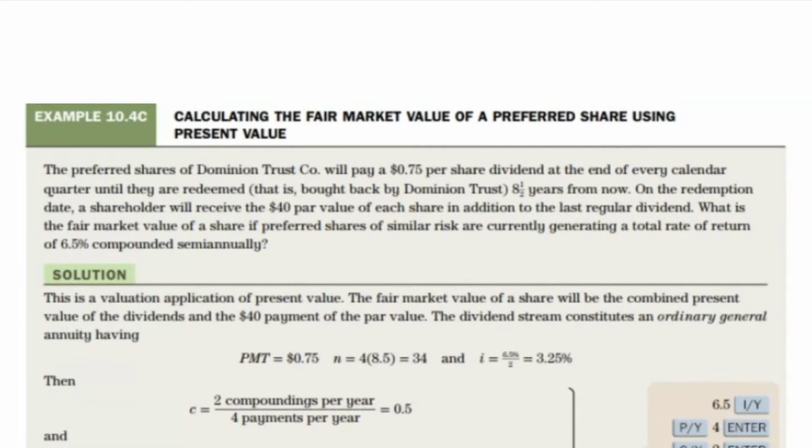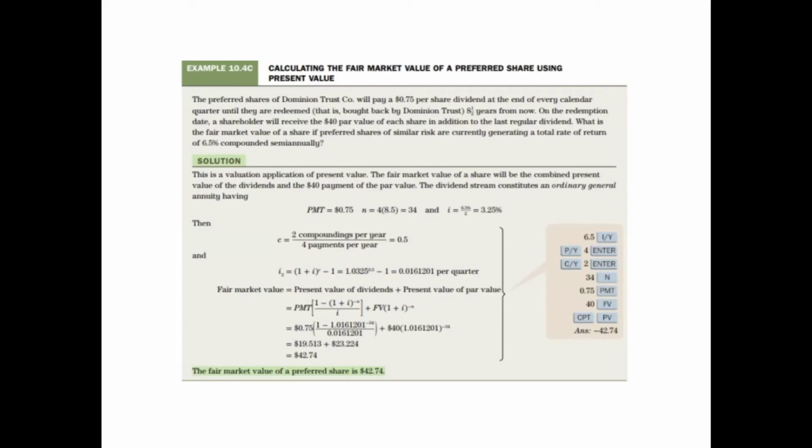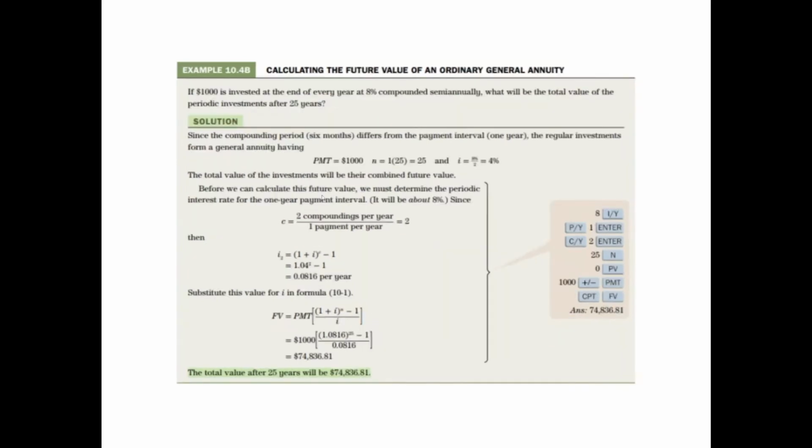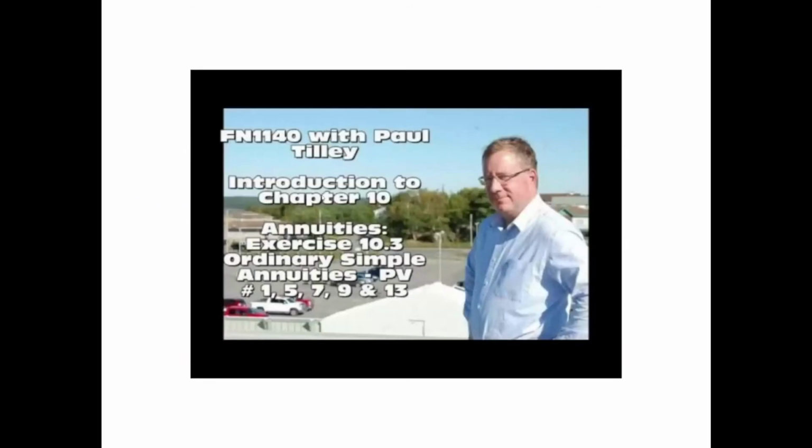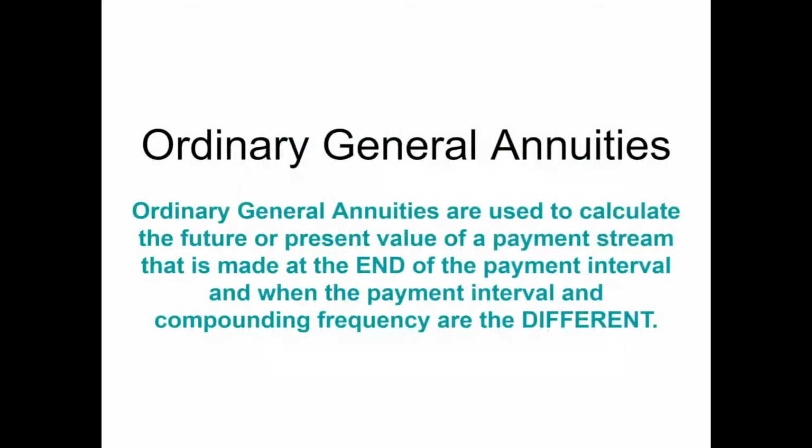We've got 2 different schedules going on here, one for the payment, one for the interest. And that's the trick. That is what you need to really look for in these problems in order to differentiate one problem from another. The payment interval and the compounding frequency are different. That's the takeaway.